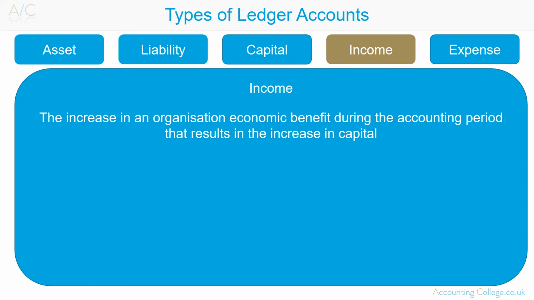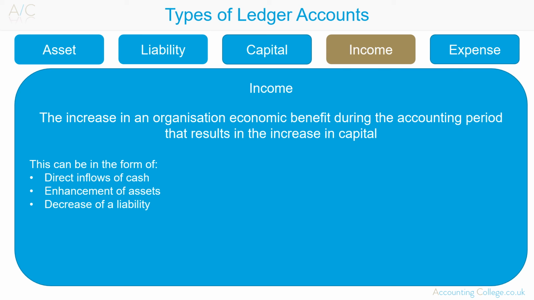Income is the increase in an organization's economic benefit during the accounting period that results in the increase in capital. This can be in the form of direct inflows of cash, enhancements of assets, or in the decrease of a liability.